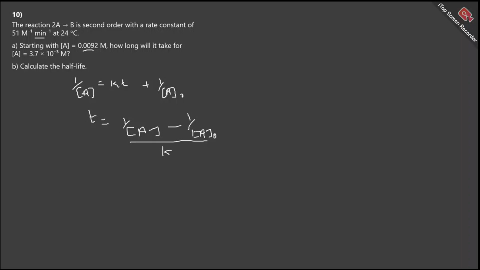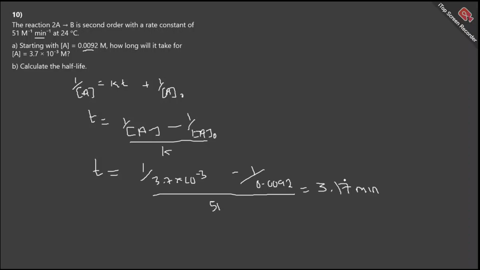Okay, so that's the formula, just a matter of substituting. The final concentration is 3.7 times 10 raised to the power negative 3 minus the initial concentration 0.0092, divided by the value of k, which is 51. What are we getting? We should get 3.17 minutes. Very simple. Just using the formula, everything becomes simple.